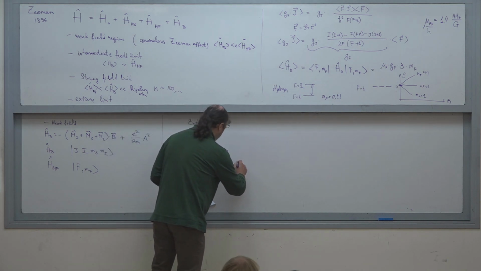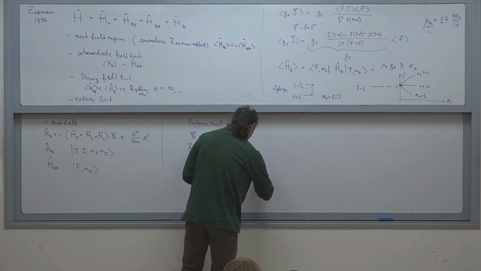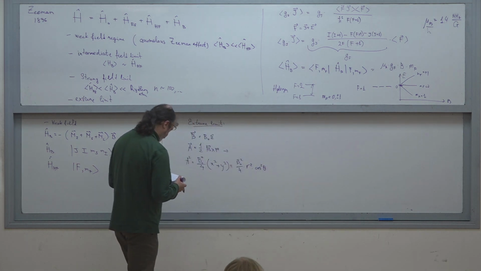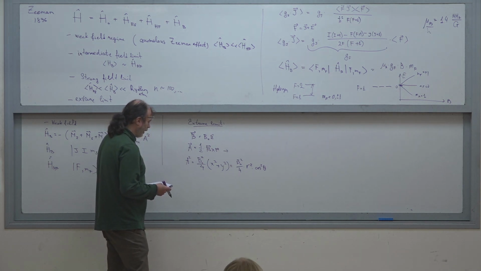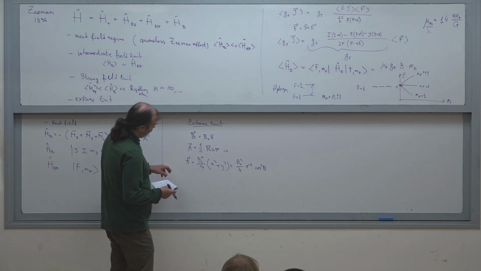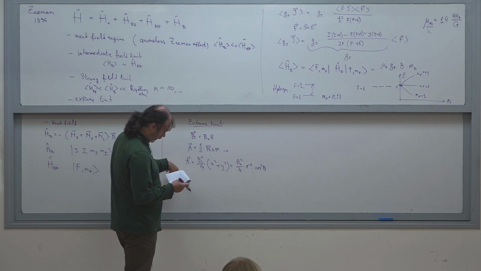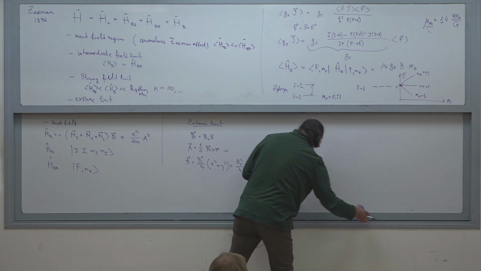So we can just write it as B0 squared divided by 4 multiplied by r squared multiplied by sine squared theta. Sorry, it's not cosine, it's sine squared. Now we can estimate.